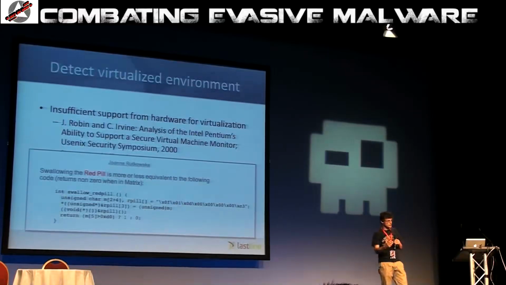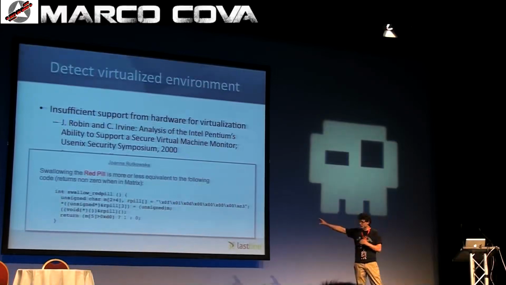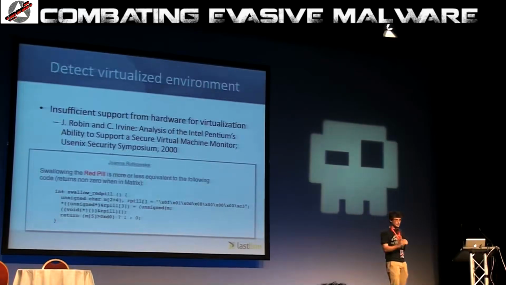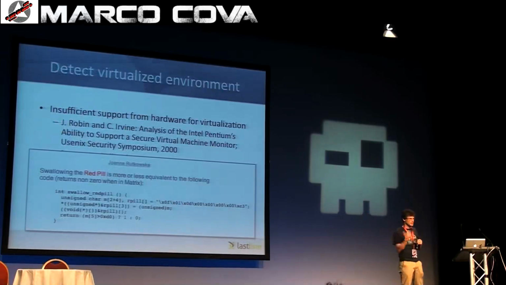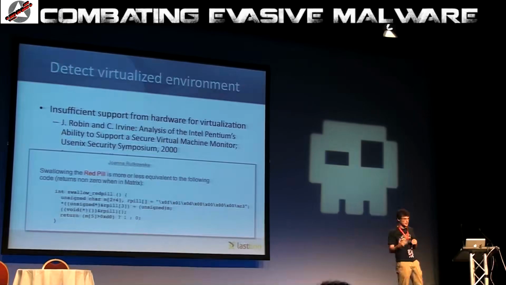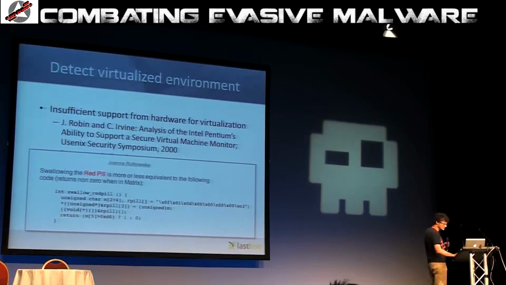So as a malware author, all you have to do is run these four statements here, check the result, and then perform different actions depending on the result. If the result indicates that you are on VMware, just don't do anything. If it indicates that you are on a real physical machine, just do all the malicious activity, okay?